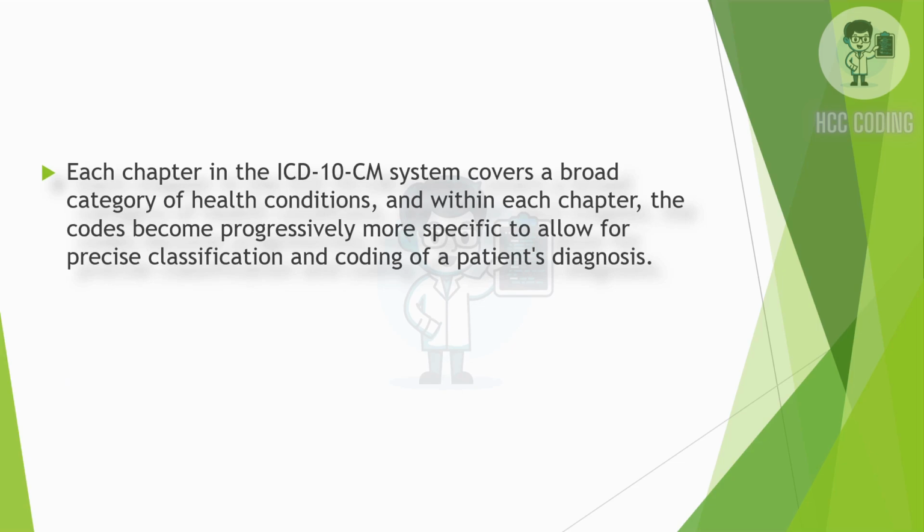For example, if I am mentioning bronchitis as a condition, and if I mention acute bronchitis, acute is a specification of bronchitis. So each and every chapter will consist of the condition, and condition specifications will also be covered in ICD-10-CM. This is about the introduction of ICD-10-CM.